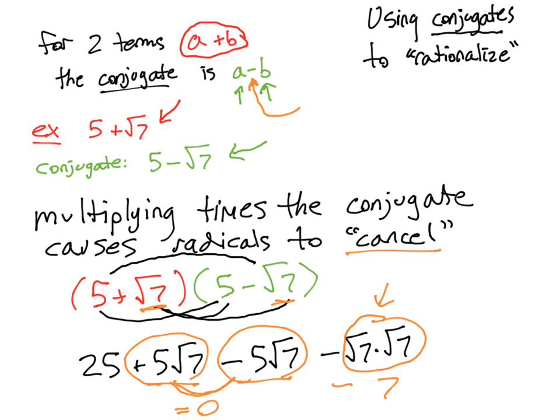So we're still left with 25 plus 0 from those conjugate terms in the middle that canceled out, and then we also have minus 7. So in this new expression, all of our radicals have disappeared, and our final answer would be 25 minus 7, which is equal to 18.